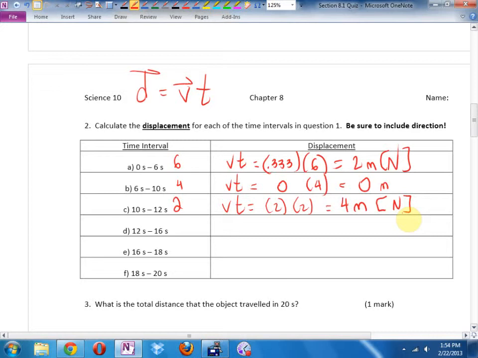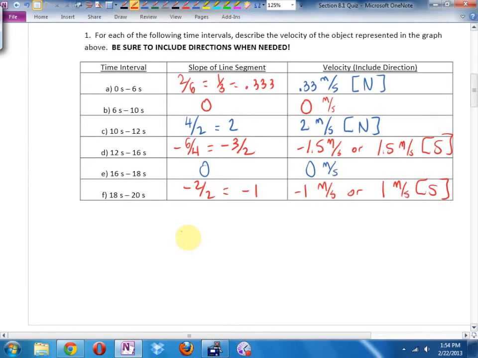Part D. Sarah, what's my time interval in part D? Look up. If I start at 12 and end at 16, how much time has elapsed? Thank you. And if you continue looking up, what's my velocity in part D?